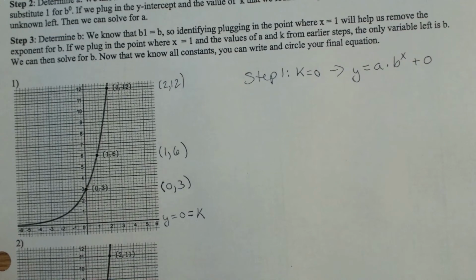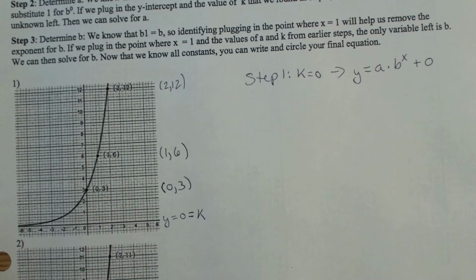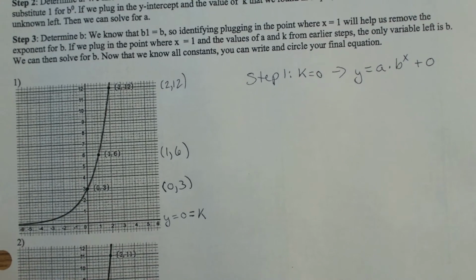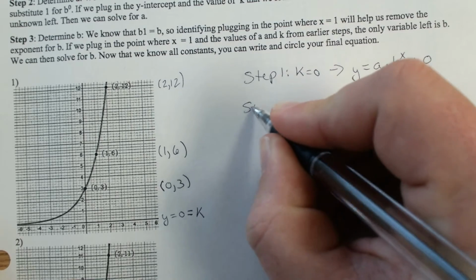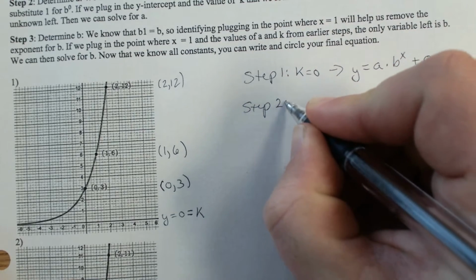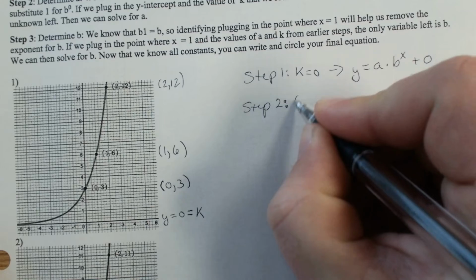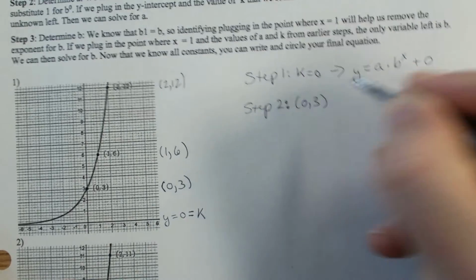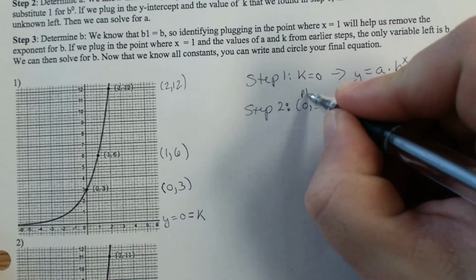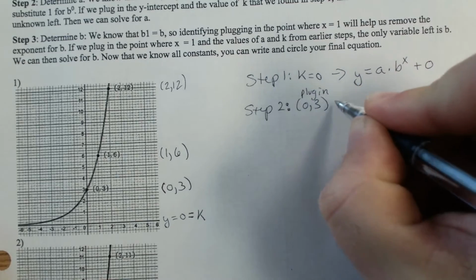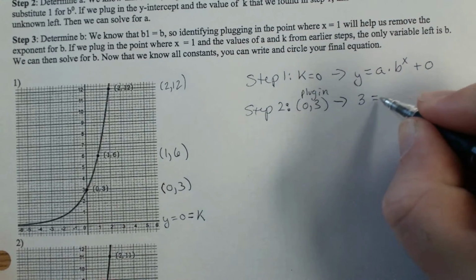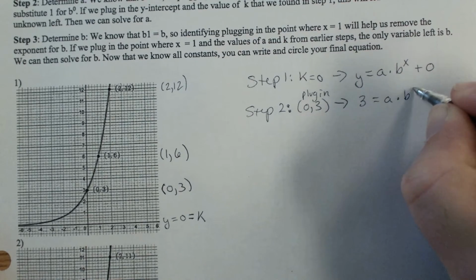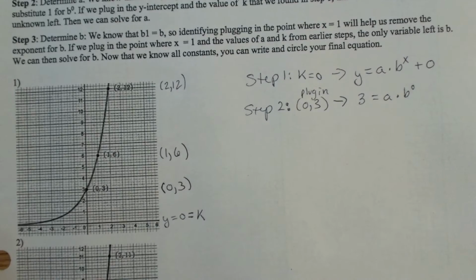And going forward, we won't have to write that plus 0 because plus 0 doesn't really change your equation too much. Step 2, we're going to have to actually do some math here. We're going to plug in 0, 3. So we're going to say 3 is equal to a times b to the 0. And again, I'm not going to write that plus 0.